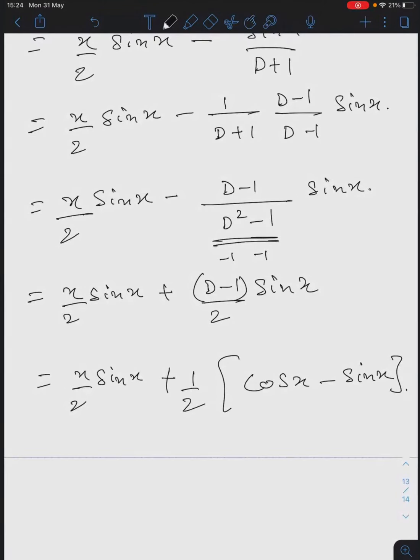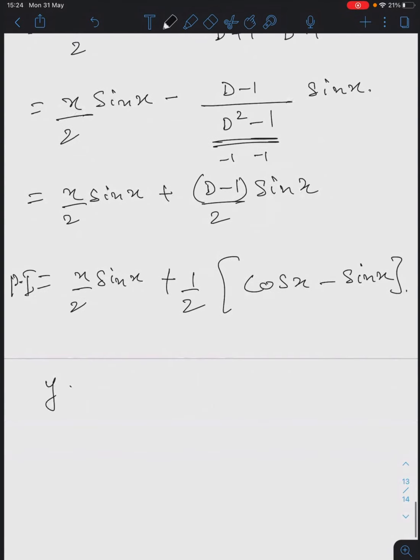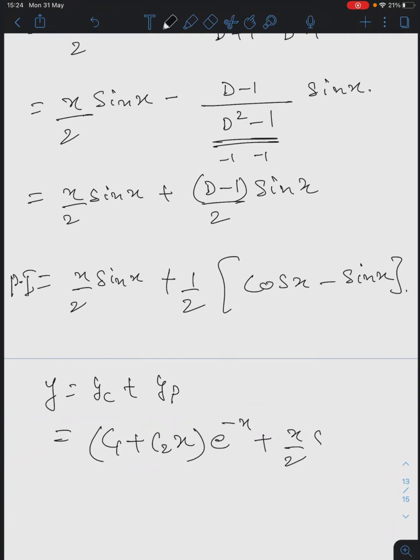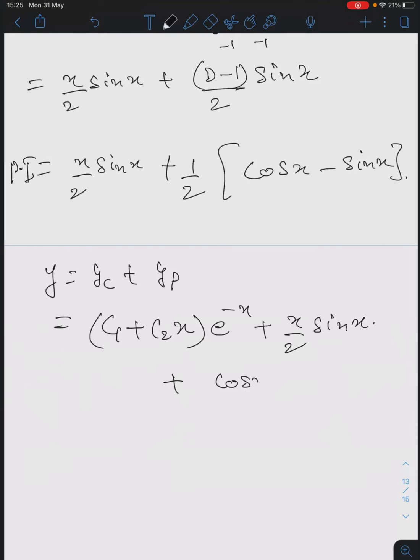That's it. This is your particular integral. So y will be equal to yc plus yp: (c1 plus c2x) e to the power minus x plus x by 2 sin x plus (cos x minus sin x) by 2.